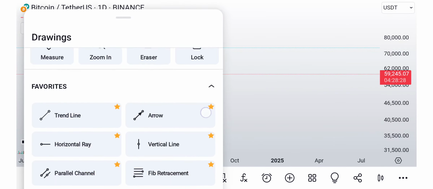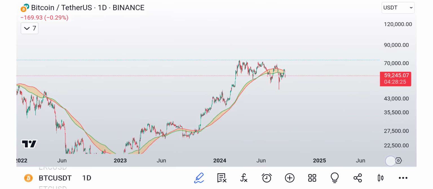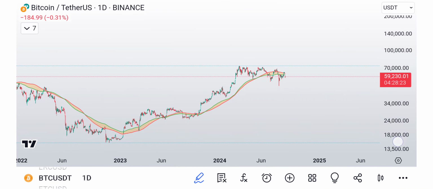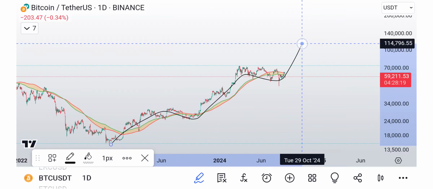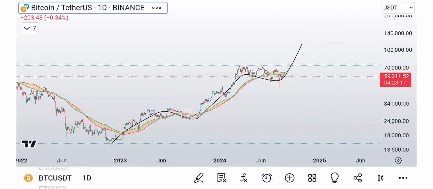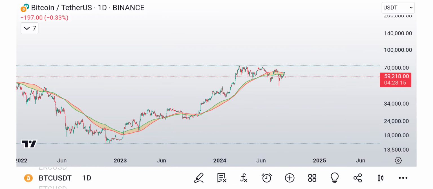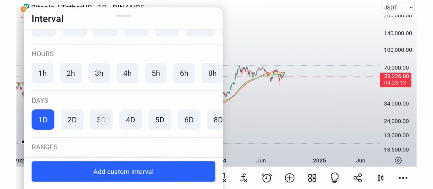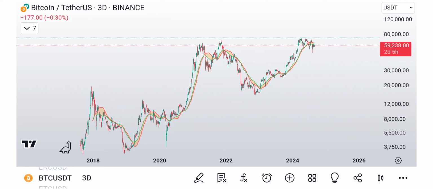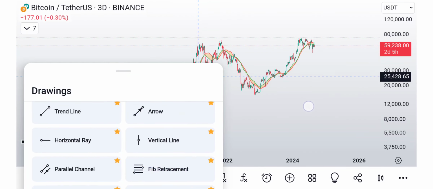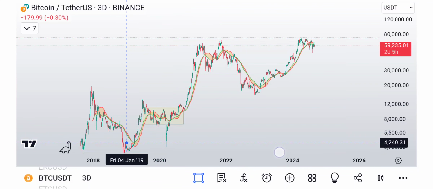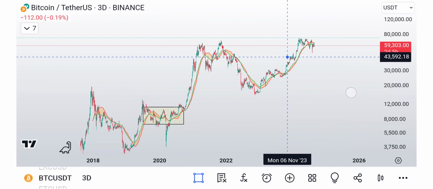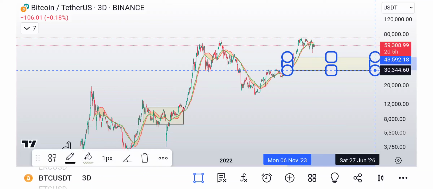Again, because there's really two options when you look at it from the macro. Either this is 1, 2, 3, 4, 5, right? Or this is going to be going down into reaccumulation like it did back over here, where we went sideways for a while. So we could be going sideways down here, right?